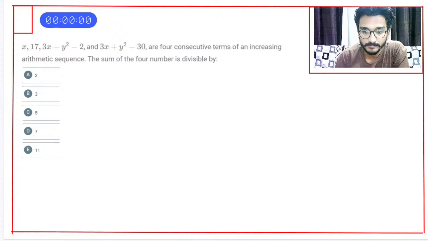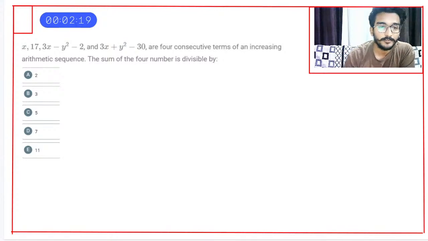So have you done? Let's start the question now. So these four terms are in AP. Please continue your solution.